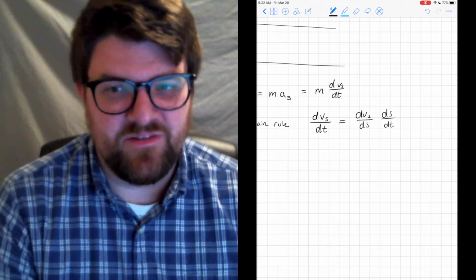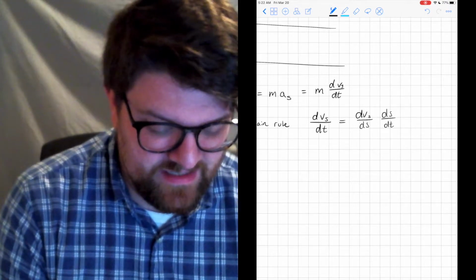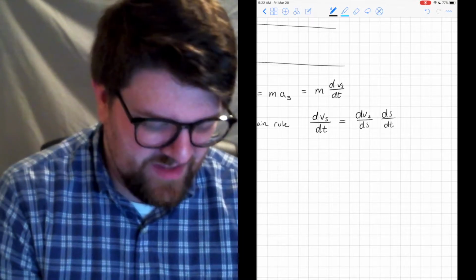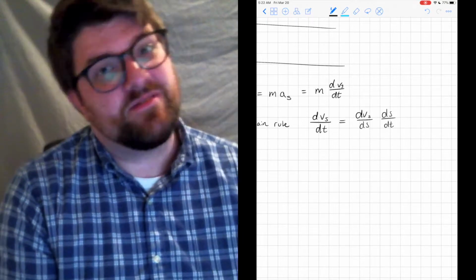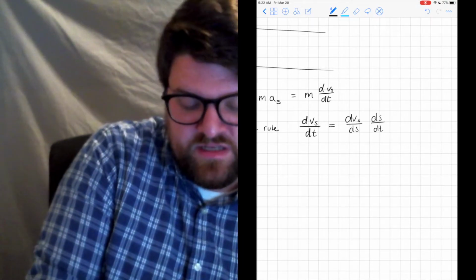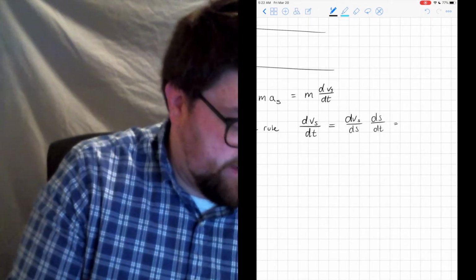Mathematicians don't really like when we say this, but the ds's kind of cancel out, and I'm still left with dv/dt. That's not really the best way to approach derivatives, but we can kind of squint and see that happening here.